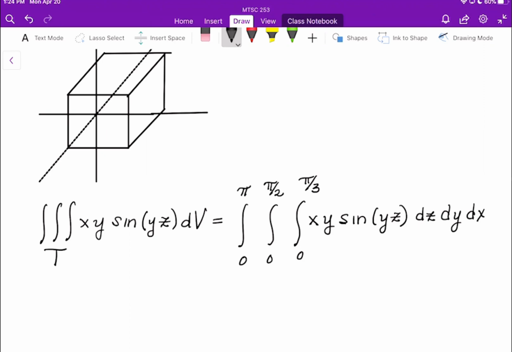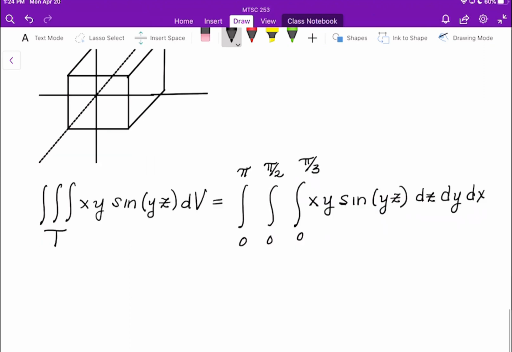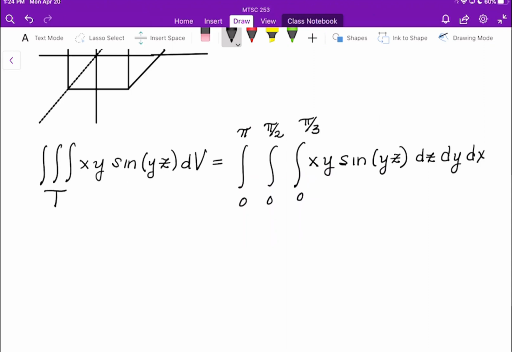Now, as you can see, I can't pull everything out, but I can integrate this in any order that I want, since these are all constants. Order doesn't matter. I can pull the x out.